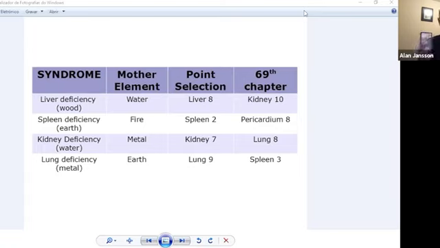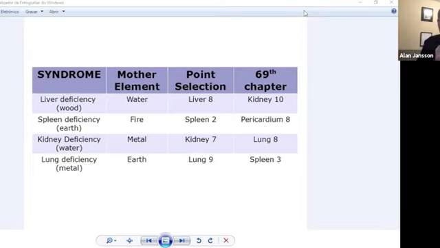And the next element that we'll deal with is the kidney, and the organ, the meridian, the element, are all one part of the same package with slightly different perspectives. So for the kidney, organ, meridian, the mother element of water is metal. So as we've done previously in the liver and the spleen, we'll utilize the mother point on the mother meridian.